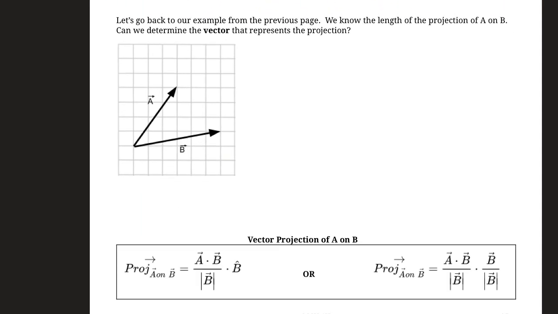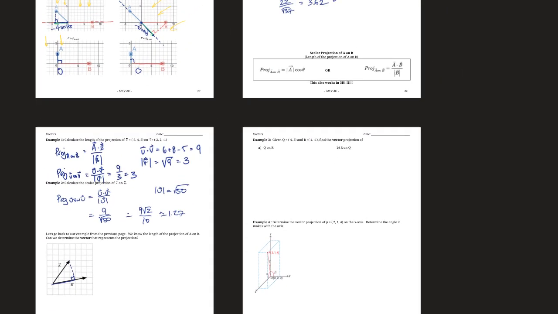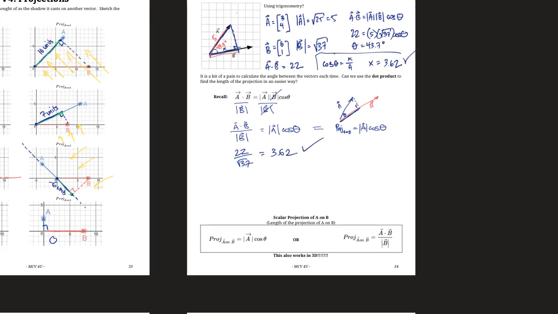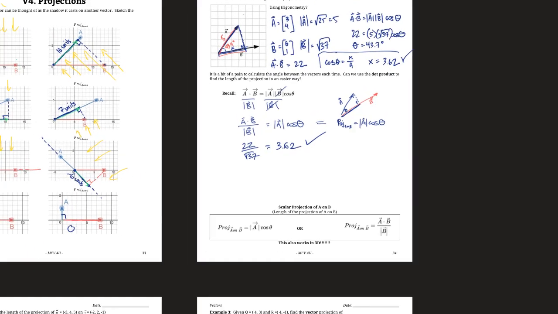So how can we express the vector that represents the projection? Here we're projecting A onto B. So that's going to look like this, where this is a right angle. And the length of the vector is this, which we already found. If we go back up to that previous question, the length was 22 over root 37. That was the exact answer. Let's stick with that.